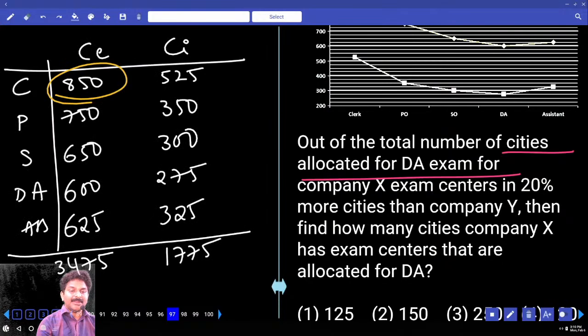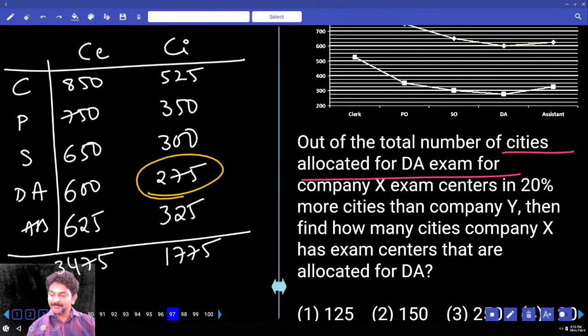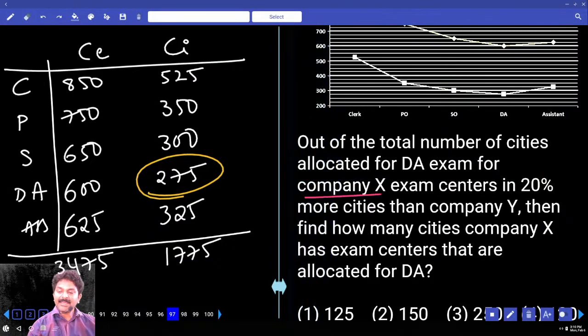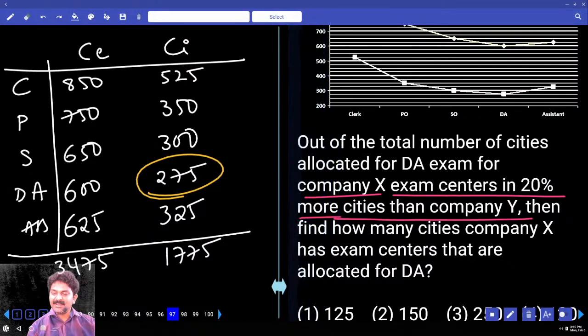How many cities do we have? 275. For company X, exam centers is 20% more cities than Y.